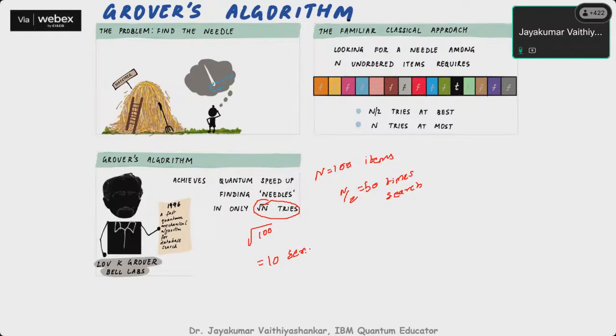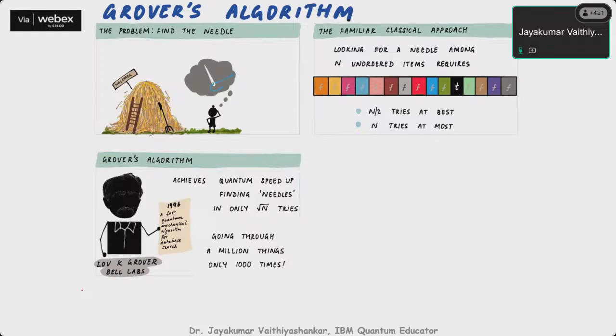Only 10 searches, if you are using Grover's algorithm, and you are able to identify that item. So this is a big speed up. Suppose you have a million things, you need to search only 1000 times, which reduces the effort drastically.